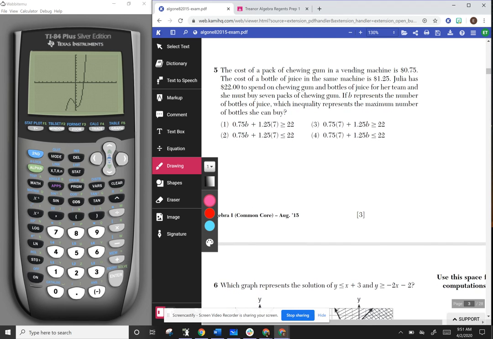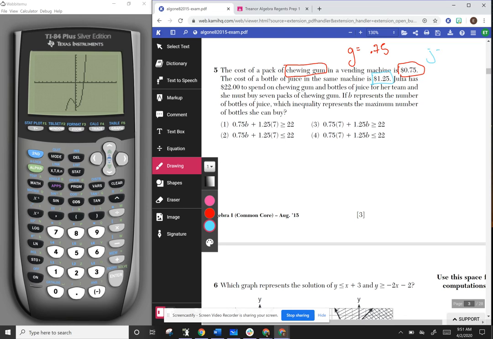The cost of a pack of chewing gum in a vending machine is 75 cents. So let's see. Chewing gum will be G, and G equals 0.75 because we see 75 cents. The cost of a bottle of juice in the same vending machine is $1.25.